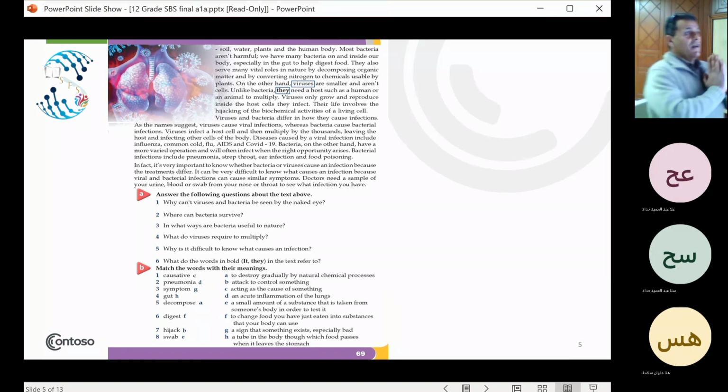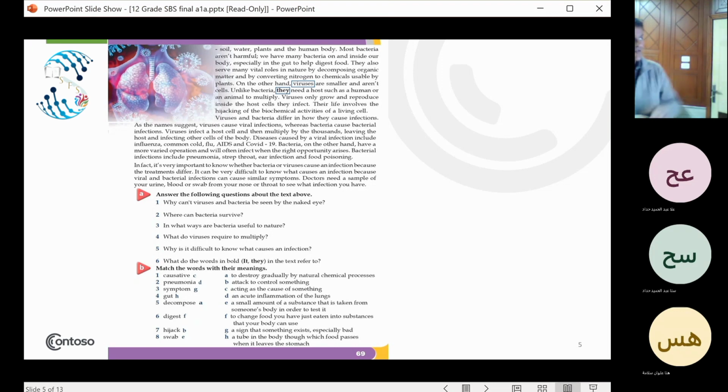Viruses and bacteria differ in how they cause infections. As the name suggests, viruses cause viral infections, viral, related to viruses, whereas bacteria cause bacterial infections, bacterial related to bacteria.